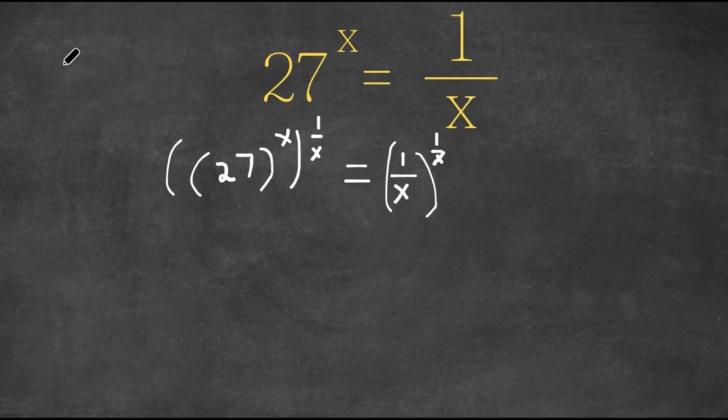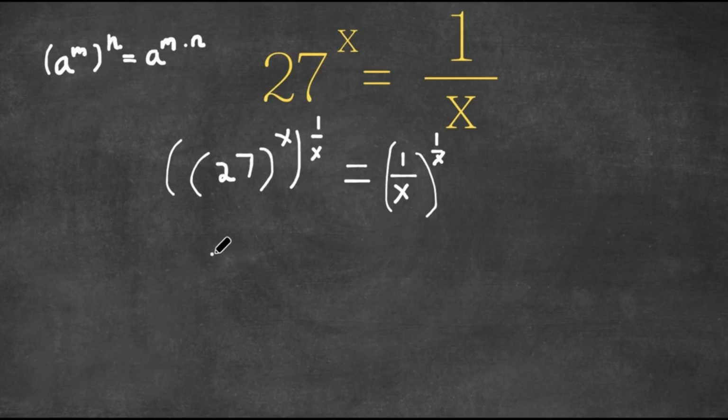Now, if we have something in the form a to the power of m to the power of n, this is actually equal to a to the power of m times n. So as you can see right here, we have 27 to the power of x to the power of 1 over x, and think of x as m and 1 over x as n. So we simply multiply these two.